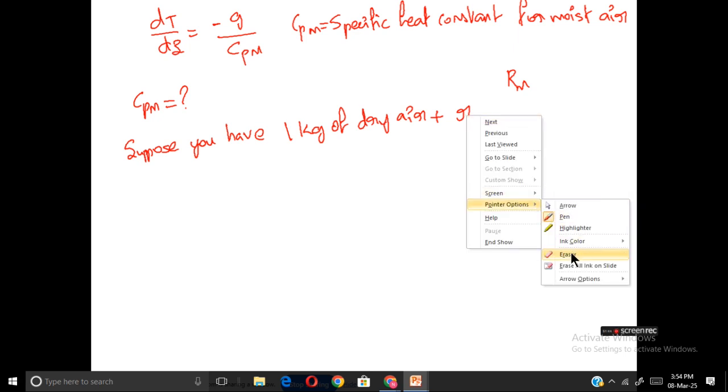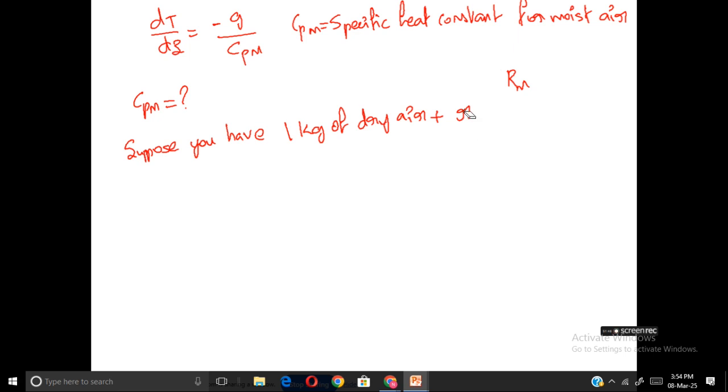The notation of mixing ratio can be r or w. Both are used. So let's use w in this case. So suppose 1 kilogram of dry air has a mixing ratio of w.